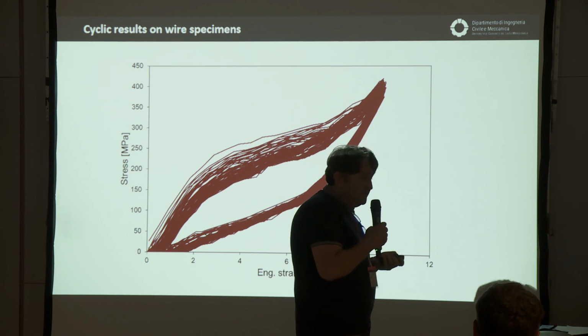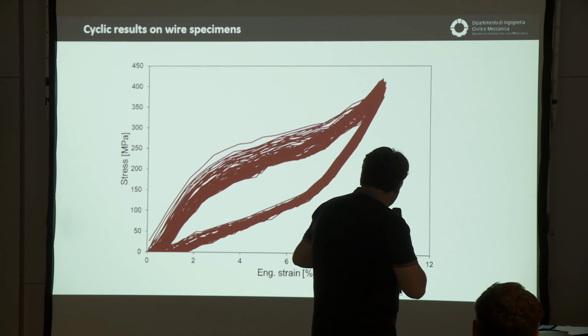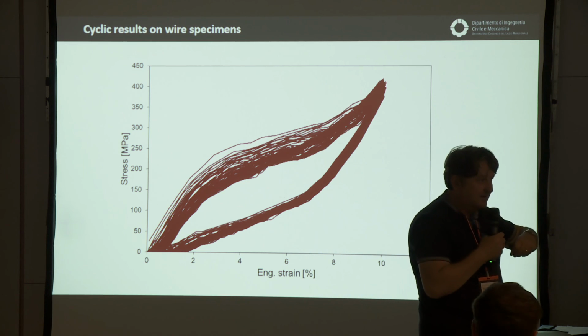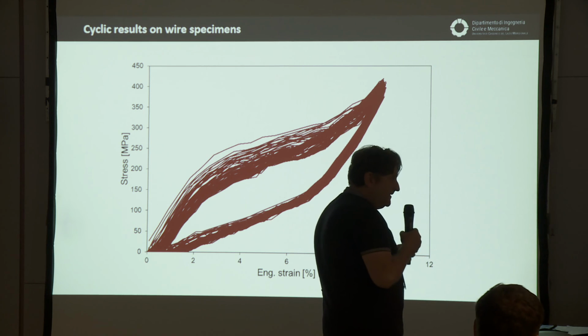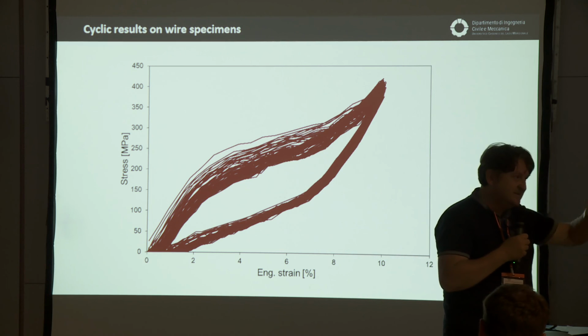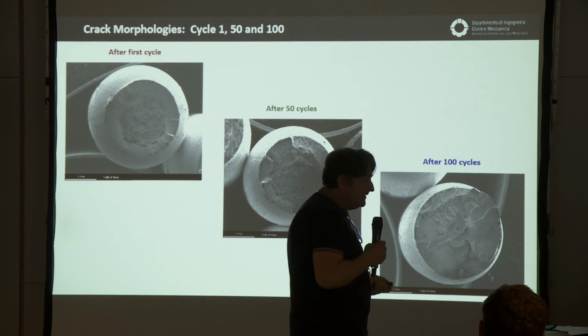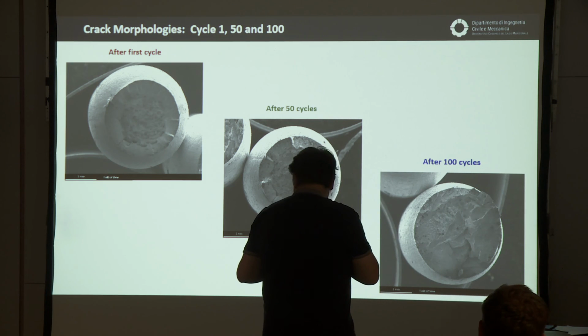So we tried to perform another test. The test is performing cycles and then a traditional test up to rupture. Taking another wire, 10 cycles, and then testing up to rupture, we obtained different crack surfaces. This is the first surface.